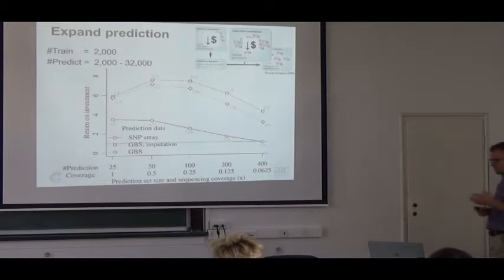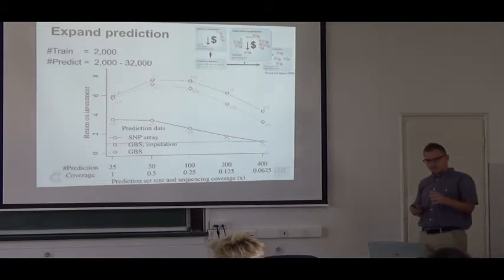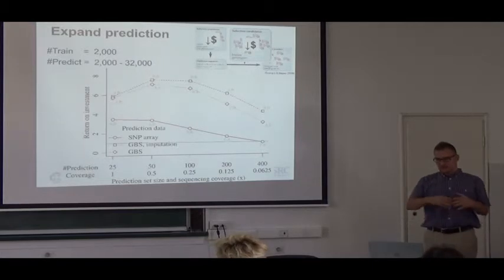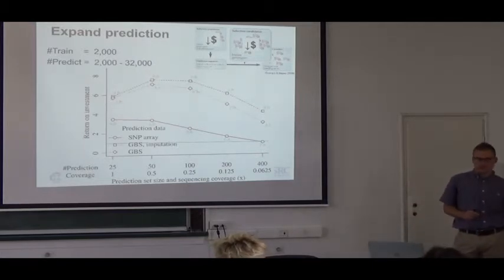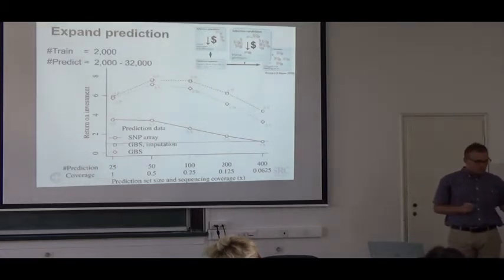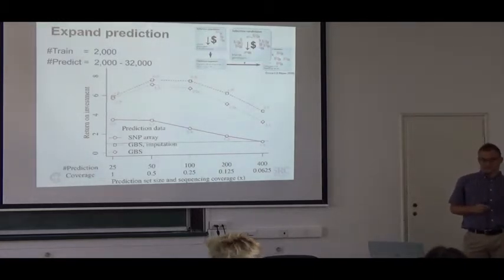Now if you remember the earlier results from the livestock population, I said in training we can have quite shallow sequencing, but for one particular individual we need high coverage sequencing. What I'm trying to do in this particular setting is take that approach, but do low coverage sequencing on the individual if I'm going to have lots of selection candidates. But I've said before that this is not going to work, because the accuracy is really going to drop.